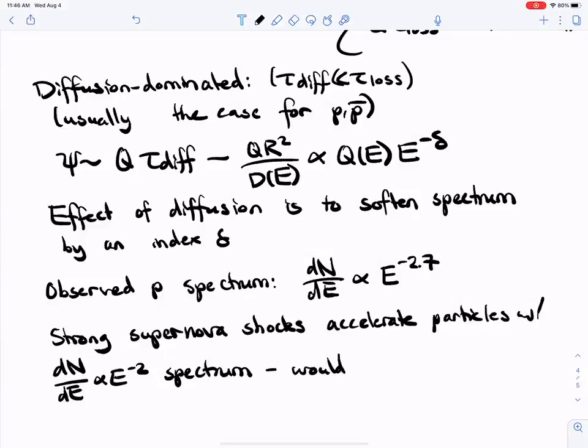So you can see, even this very simple picture allows you to see why, from a model of what the injection spectrum was and from observations made at Earth, we can try to make inferences about the diffusion coefficient.